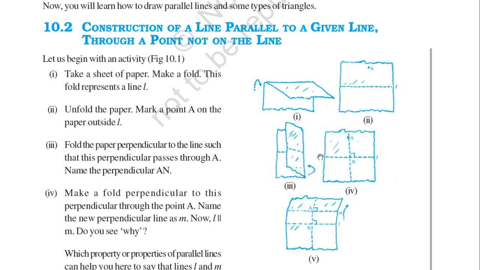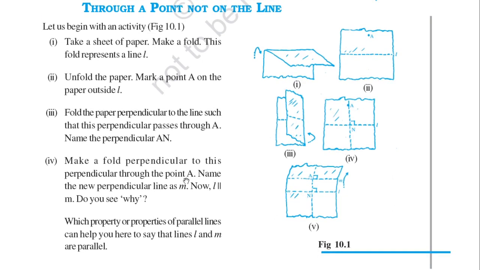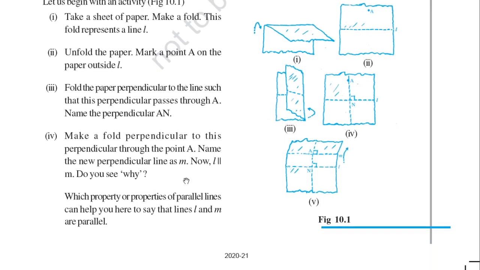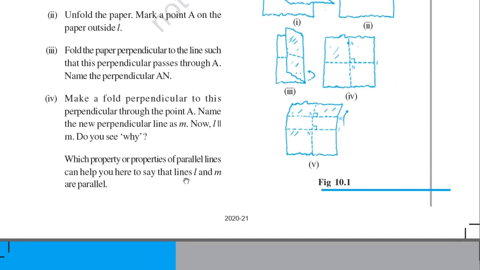So you can see they have folded in a perpendicular way so that the perpendicular line passes through A. Now, make another fold perpendicular through the point A. Name the new perpendicular line as M. Now L is perpendicular to M. Do you see why?